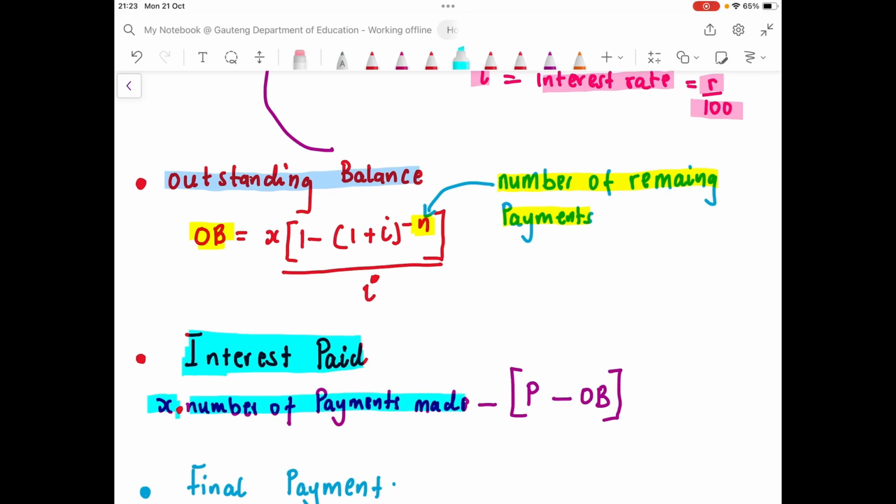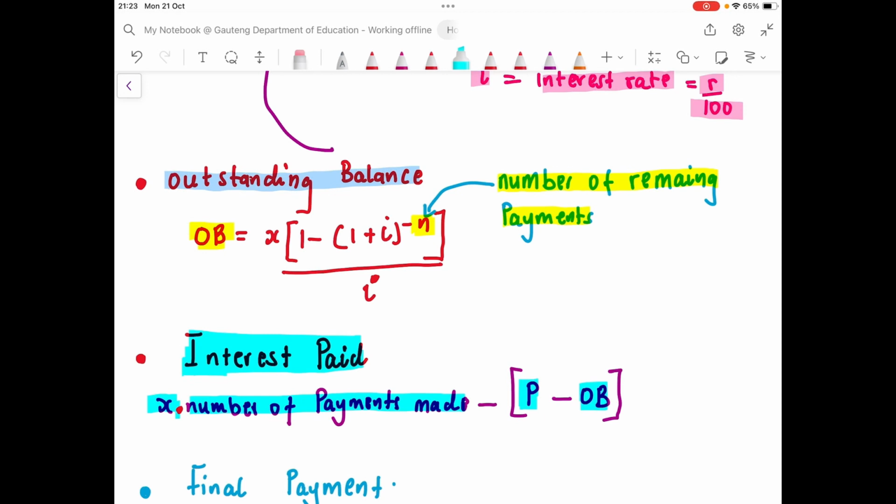So how many payments have you made? For example, if you are paying every month and you have paid for 1 year, that means you have made 12 payments. And then minus your loan amount, and then minus the outstanding balance after you have made those payments. So it is X multiplied by the number of payments that you have made, minus your loan amount, minus your outstanding balance after you have made those payments.